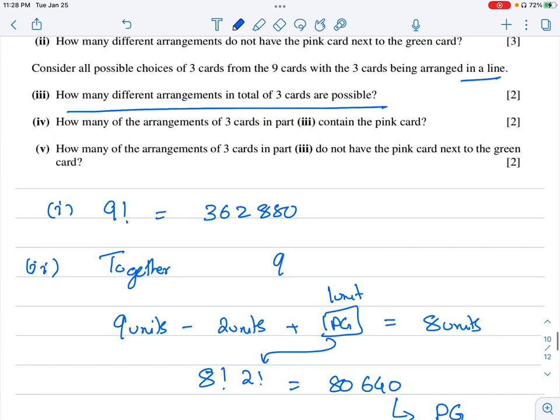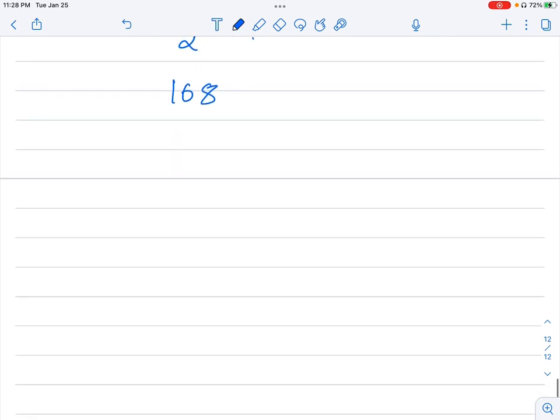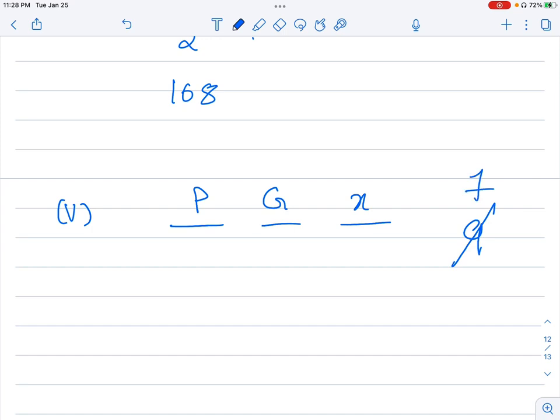Finally, how many arrangements of the 3 cards in part 3 do not have the pink card next to the green card? So what am I going to do? I am going to take out pink and green together. So 3 cards, right? Pink, green, and the third card is left over. So 9 cards will become 7 cards because I'm choosing pink and green.